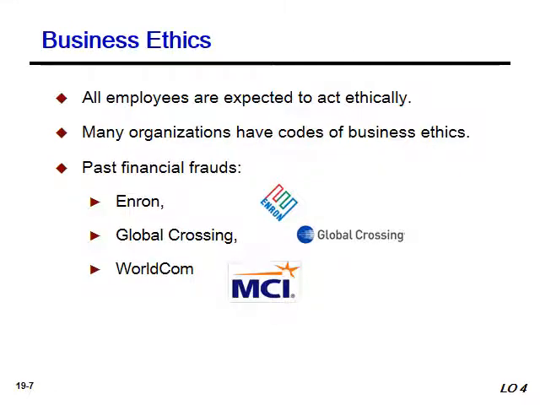Business ethics. Employees are always expected to act ethically. Many organizations now have a code of business ethics, and it goes in and out of focus as you see economic scandals happening. After we had Enron and Global Crossing and WorldCom in the early 2000s, when Sarbanes-Oxley came in, we saw a lot of focus on it, and then it kind of fell off a little bit.